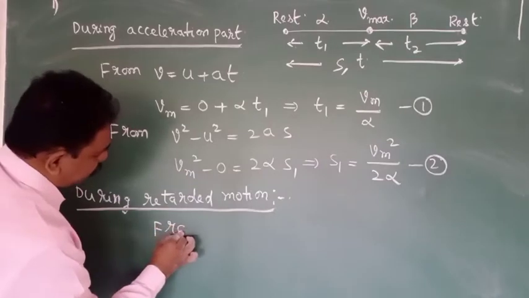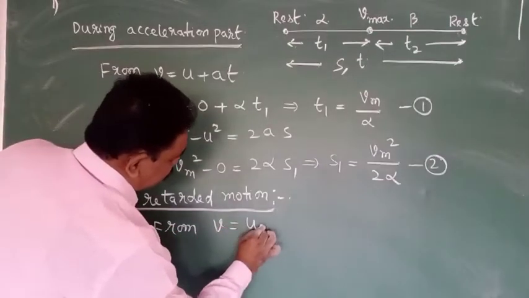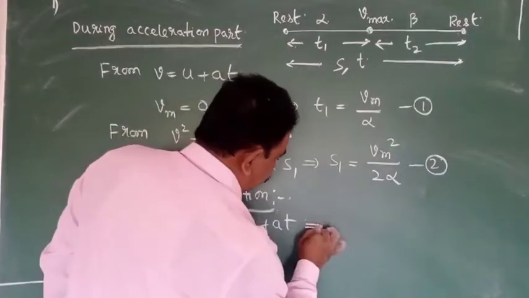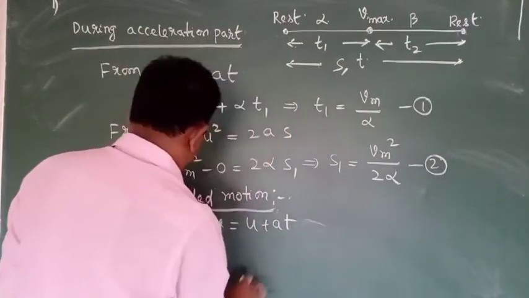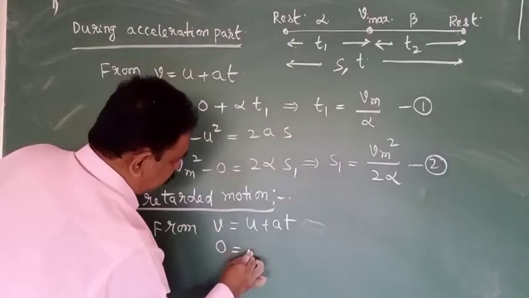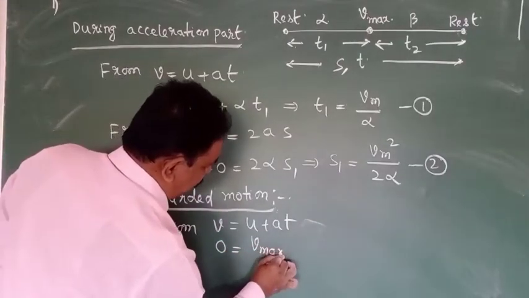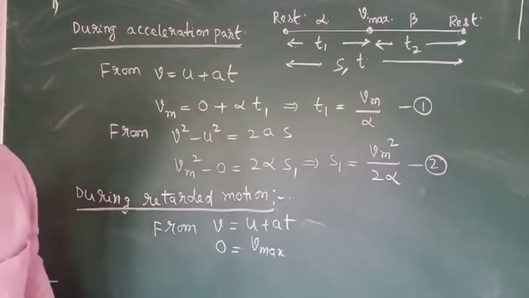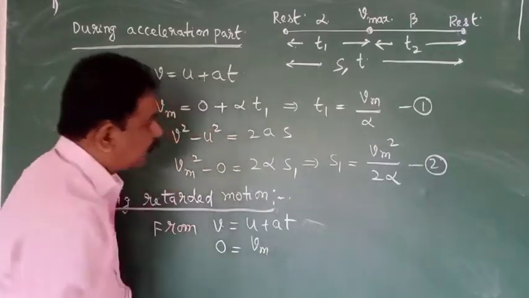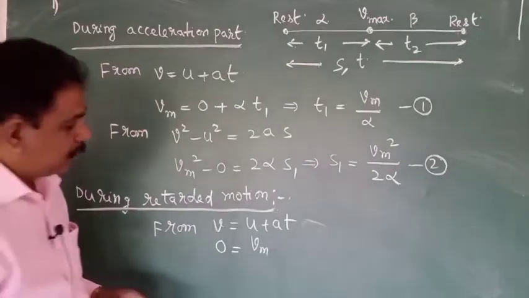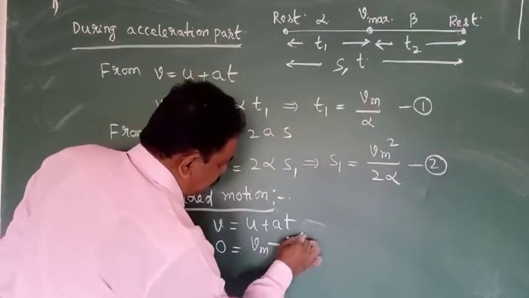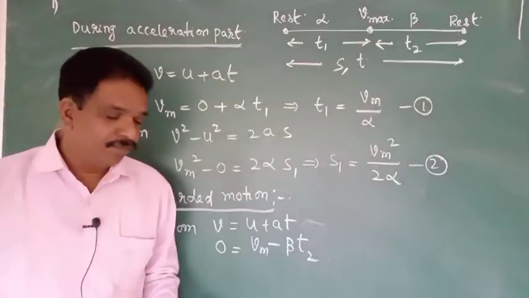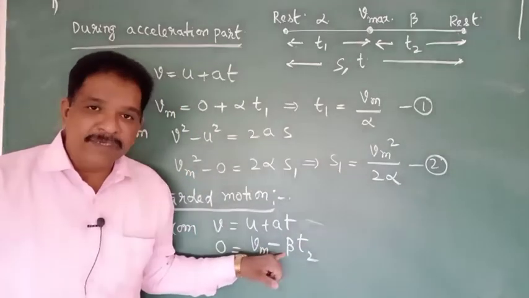From v is equal to u plus at, v value will be 0, u value is v maximum or vm you take, and for acceleration you have to take minus beta. Why take minus beta?